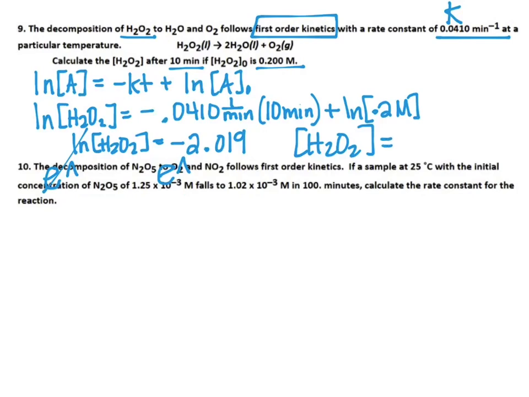You said e to the negative. Yeah, the little e. 0.1327. 0.133 molar. Everybody good with that? So why did we use the e? Because the opposite of natural log is that function, the little e.